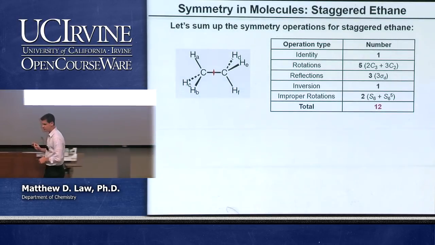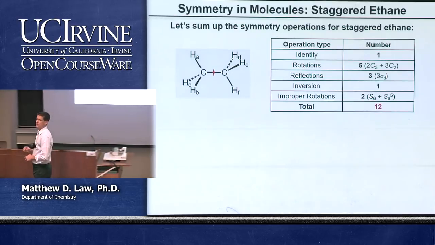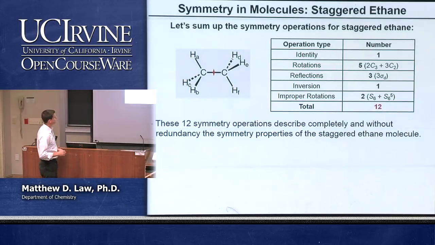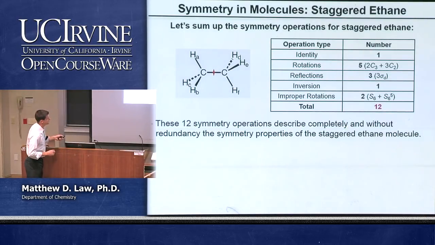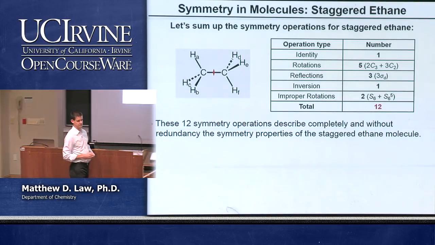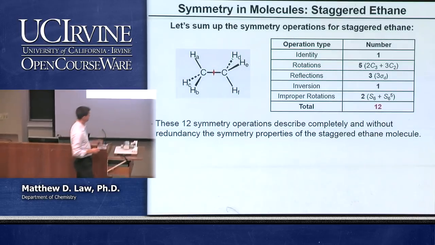This set of 12 is a unique and complete set of operations that describe all the symmetry properties of this molecule. Okay? So these 12 symmetry operations describe completely and without redundancy the symmetry properties of any object that looks like staggered ethane, right, in a mathematical sense.